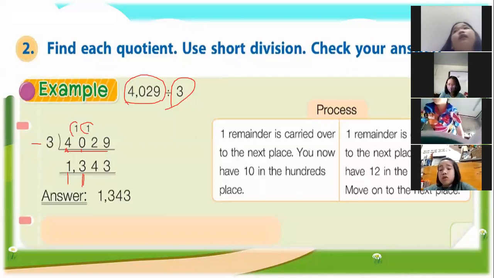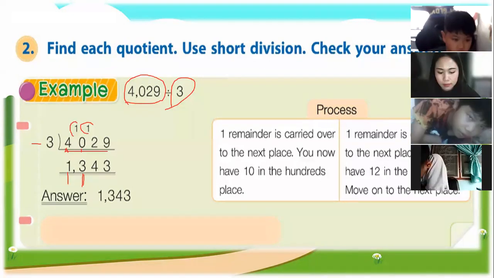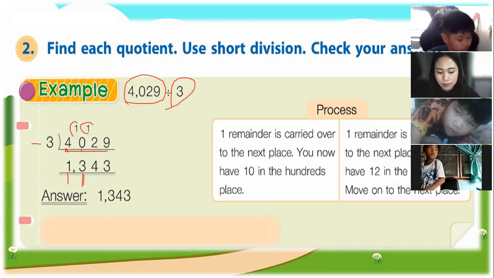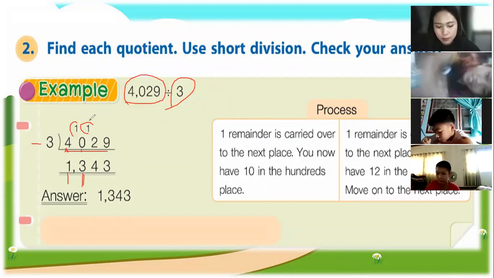Students, 3 multiplied by 4, please answer me. 12. 3 multiplied by 4 is equal to 12.